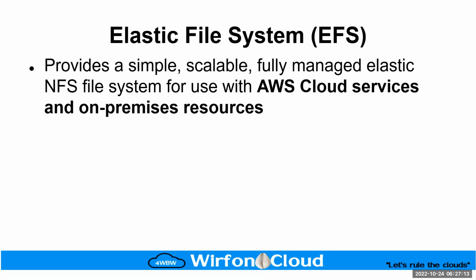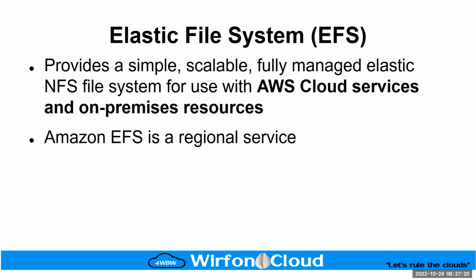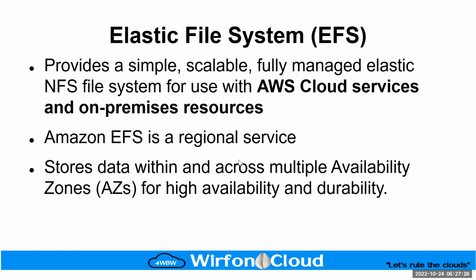Note here that this is kind of a hybrid service. This is a regional service. Quick recap, EBS, we saw that that's a zonal service. It stores data within and across multiple availability zones for high availability and durability.